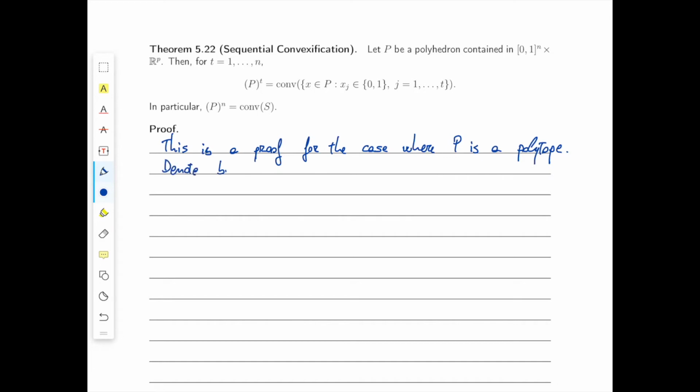Denote by capital V the set of its vertices. In this proof, we're going to use several times the fundamental facial property of our polyhedron that we discussed in the slides. Let me write it down. We use several times the following fact.